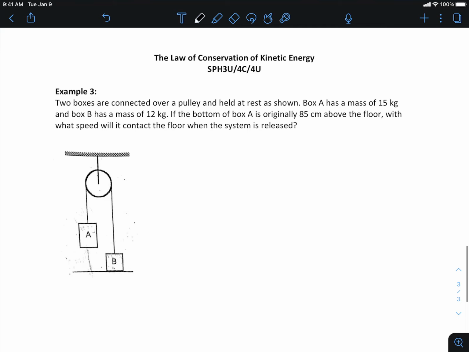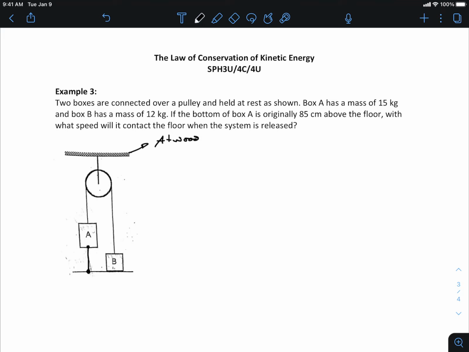If we come down here, we'll see our familiar Atwood machine. Under normal circumstances, based on what I've shown you so far, we could solve this using a force statement, and we can also solve this with energy, because right here, block A has some potential energy because it's been lifted off the ground.